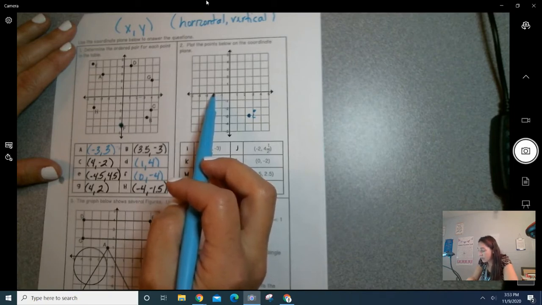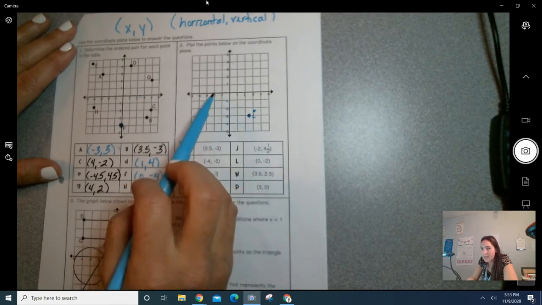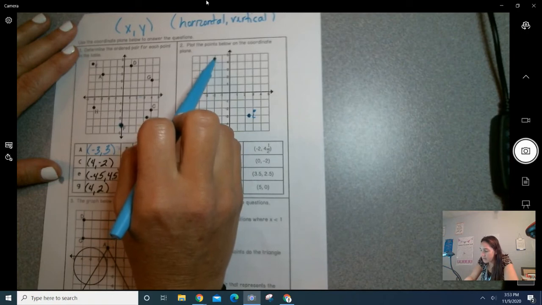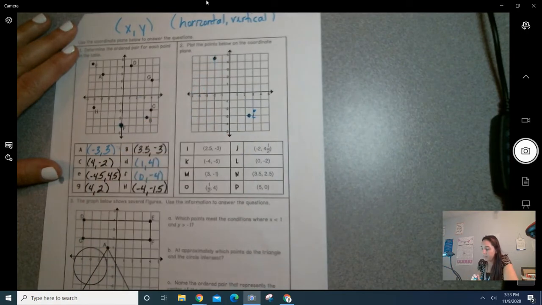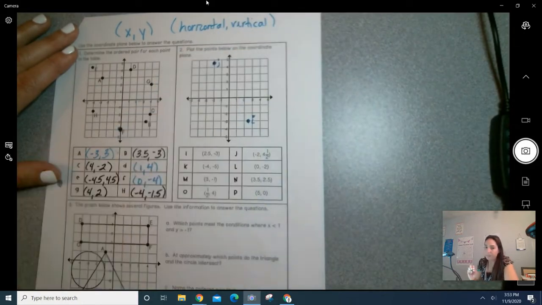Now we don't put our point yet because remember we have to do both movements. The next number is 4.5. So I stay here and then I'm going to move up 4.5 so that I get to 4.5 on the y-axis. And that's where I put my point. And that is going to be the point J.